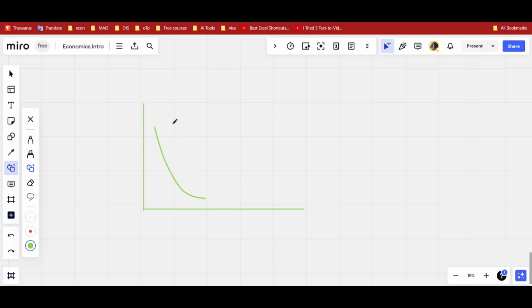So you could have this one, this one, this one. It doesn't matter. You have infinite combinations, right? And going this way, your utility is increasing. They can't overlap. Everybody has an infinite number of indifference curves.